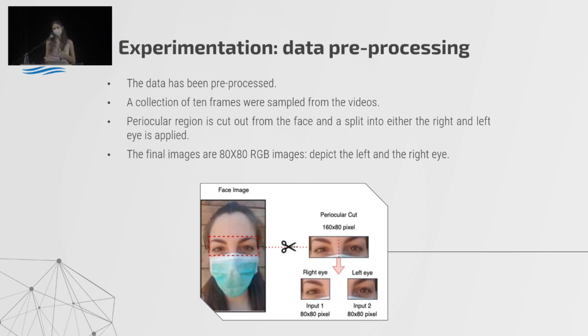Also, since the videos show the whole face, not only the periocular area, the periocular region is cut out from the face, and a split into left and right eye is also applied in order to have the two inputs for the model. The final images, which represent the two inputs, are RGB images of 80 by 80 pixels.